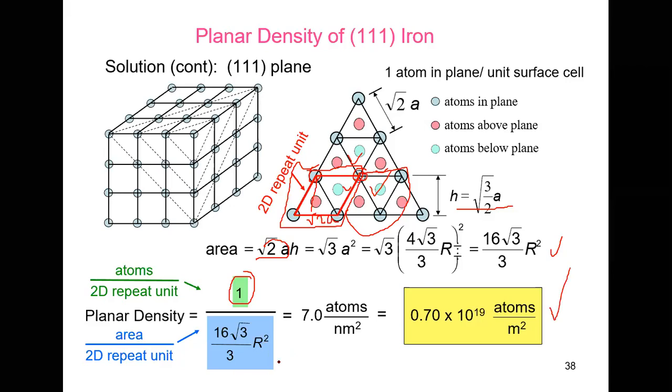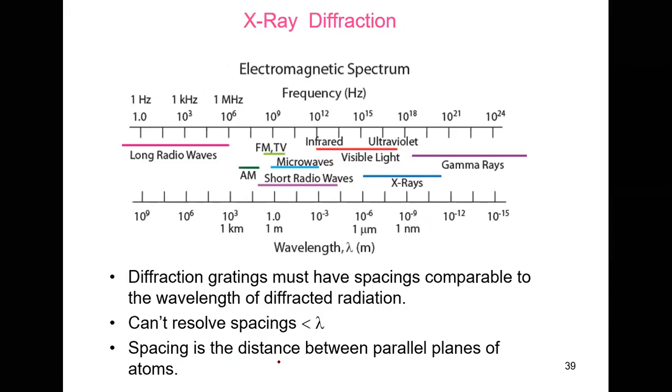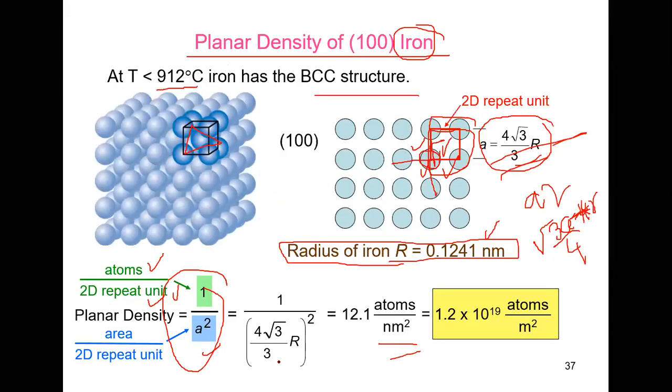Instead of the BCC crystal, if I ask you to calculate the planar density of atoms for an FCC crystal, you draw the FCC unit cell.